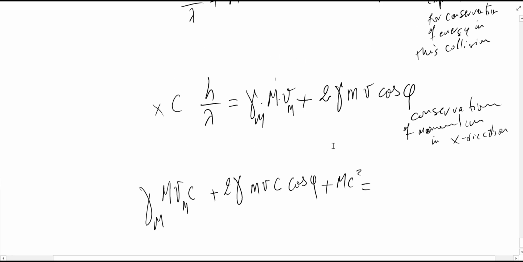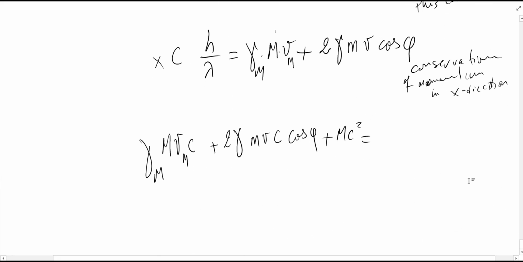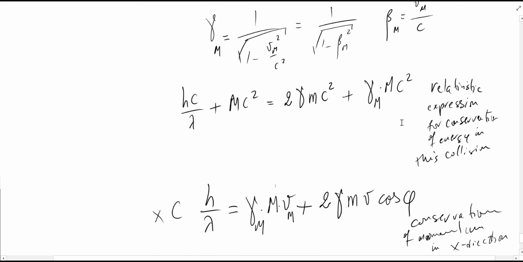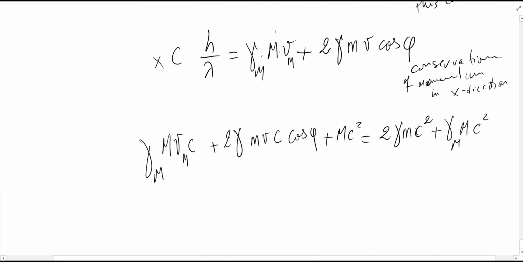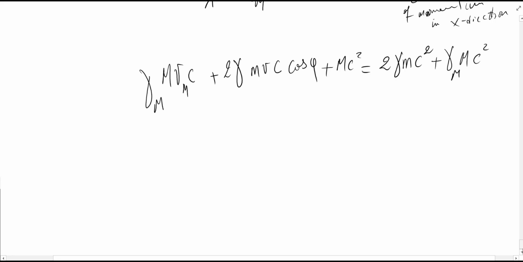and equate it to the second half, which is 2 gamma mc squared, plus gamma Mc squared. So that takes care of this expression. We need to do some simplifications here. I'm going to use my betas now. So v is beta times c, and vm is beta m times c.